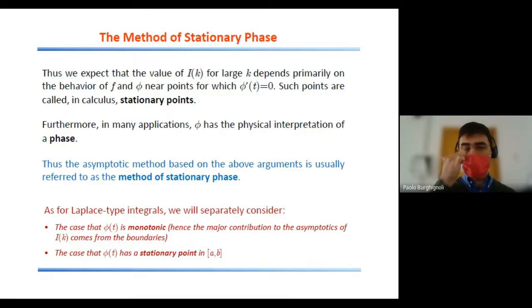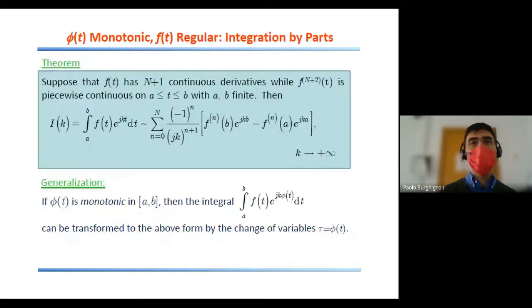And also, in this case, as for Laplace type integrals, we will need to consider separately two cases: the case in which phi is monotonic, and therefore the focus will be on the boundaries of the integration range, and the case in which instead phi has a stationary point in the interior of the integration range. In the first case, integration by parts, when possible, is again the technique that provides you with the asymptotic expansion.